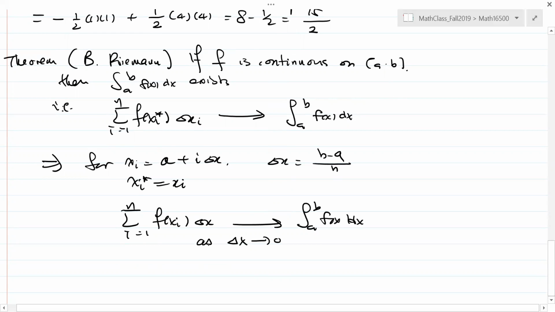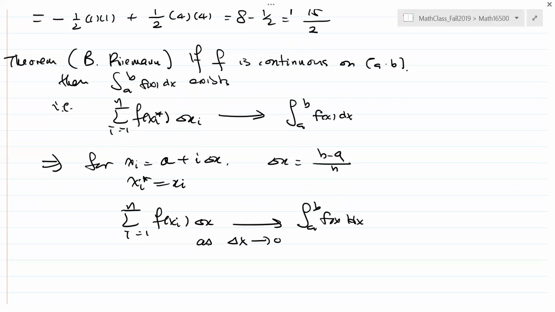So let's understand the logic. Riemann proved that those Riemann sums all approach the same number, which is called the integral of the function, when the size of the subintervals is getting smaller and smaller. Those partitions of the interval do not necessarily have equal size.